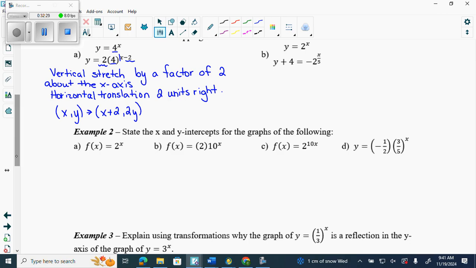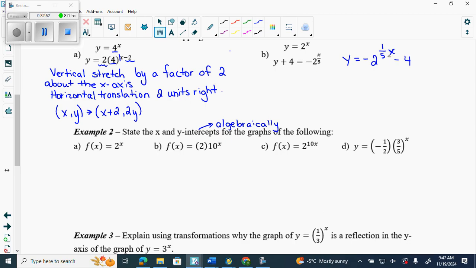And the y-intercepts you can do algebraically. So I want the y-intercepts algebraically. We're going to rewrite this as y equals -2 times 1/5 to the x minus 4. That's an x, even though it's a little one.